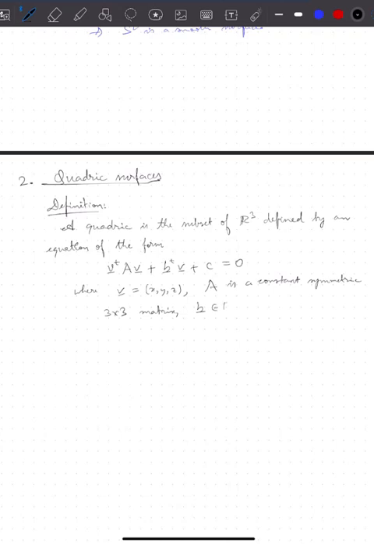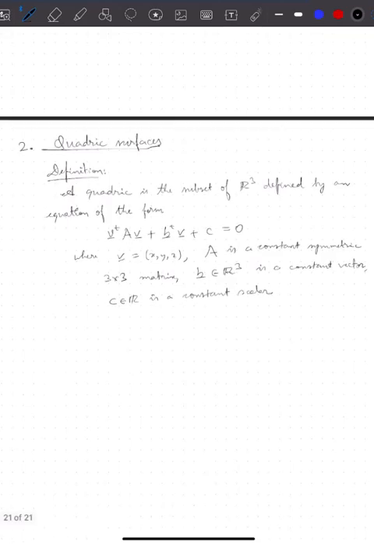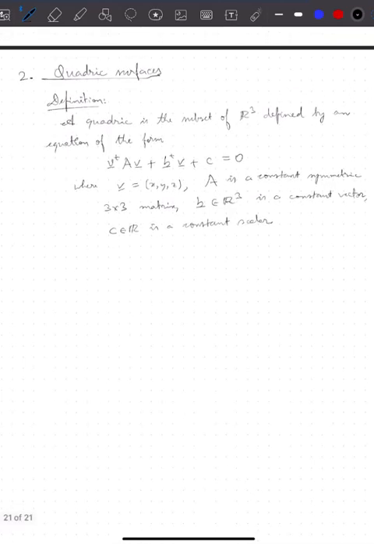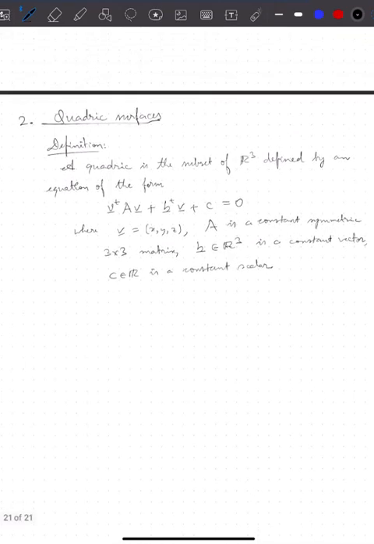B vector is an element of R3, also a constant vector. And finally, C is an element of R, a constant scalar. Right, so this is what we have. And there are several examples. One example is even the previous case, the sphere.